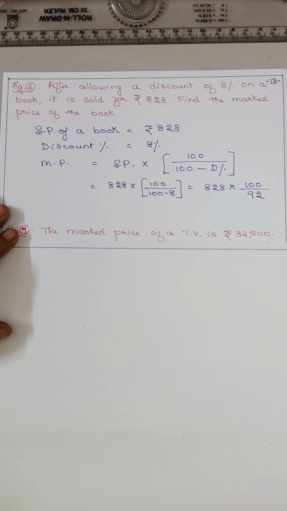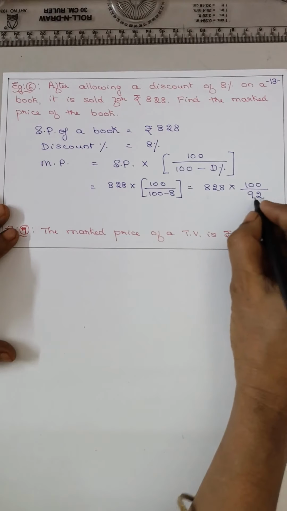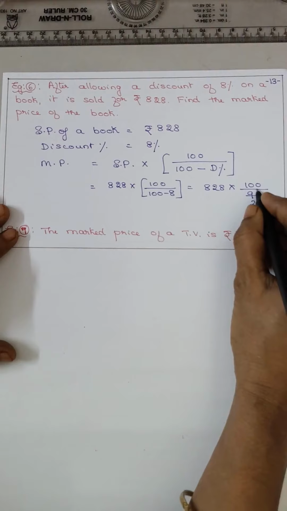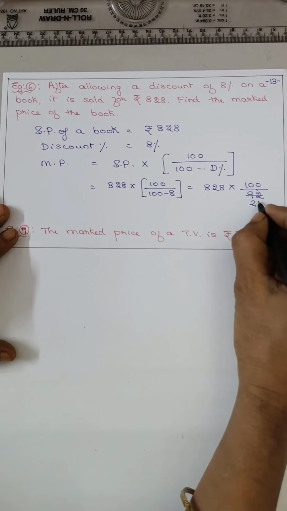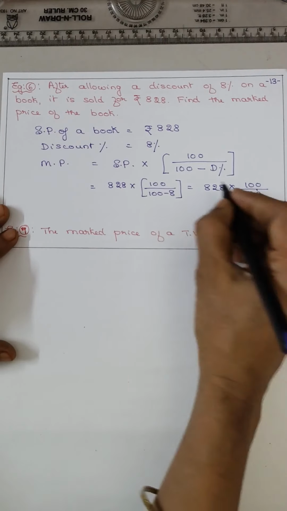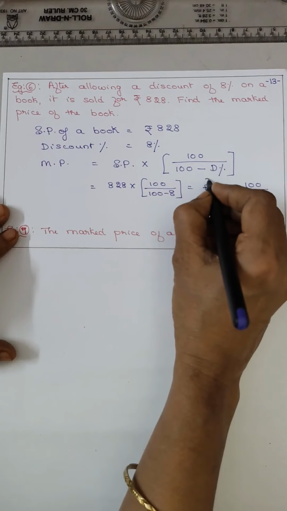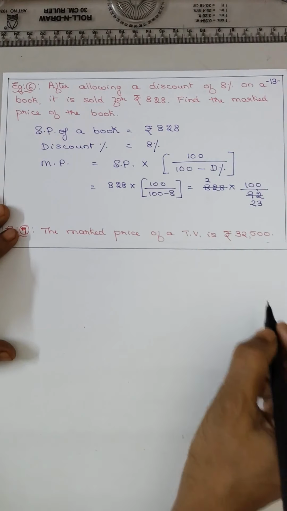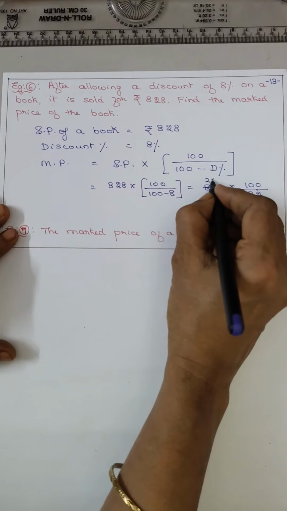Now if we see, it is divisible by 4. 4 2s are 8, 1 remains, 12, 4 3s are 12. Now 4 2s are 8. Now 2, that means zeros.